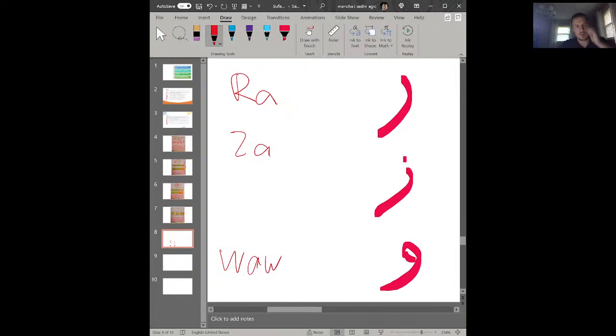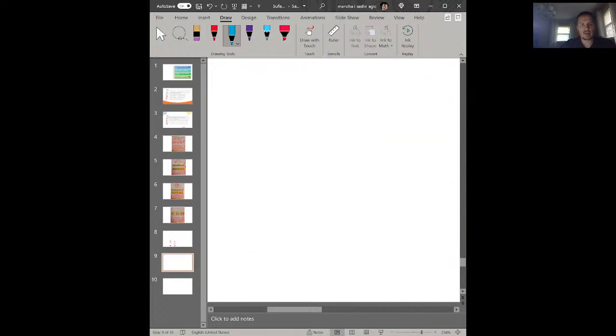All of these letters connect only from the right side, no left. So how many letters connect only from the right side?